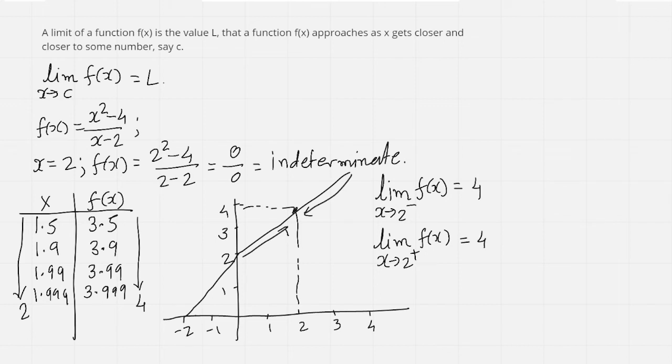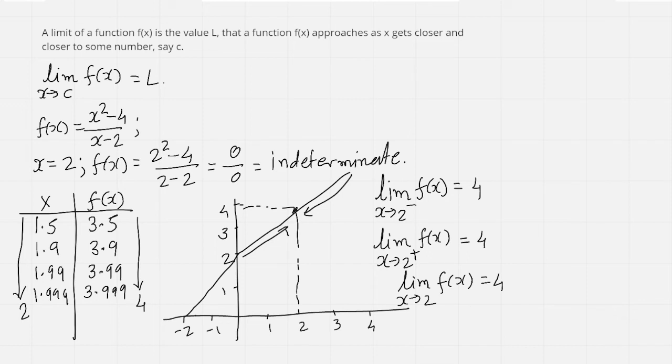To denote the right hand side, we will put a plus sign in the upper right corner of 2. Here we can see that the both sided limit, left hand side limit and right hand side limit are equal to 4. So both are same. So the ordinary limit, that is limit f of x as x approaches 2 is also 4. But in every case, it is not same.